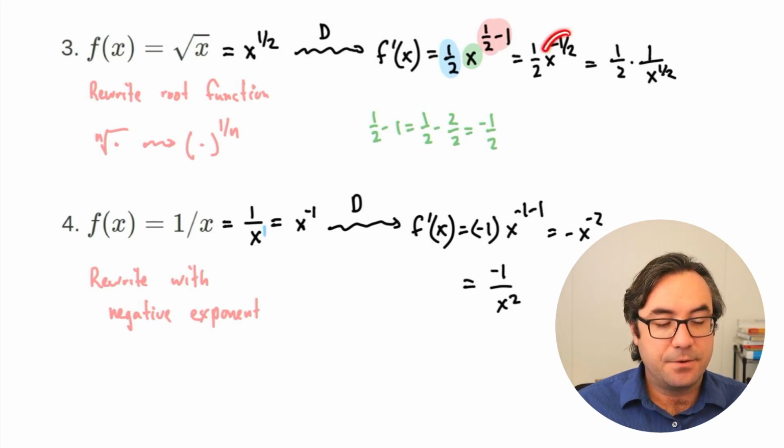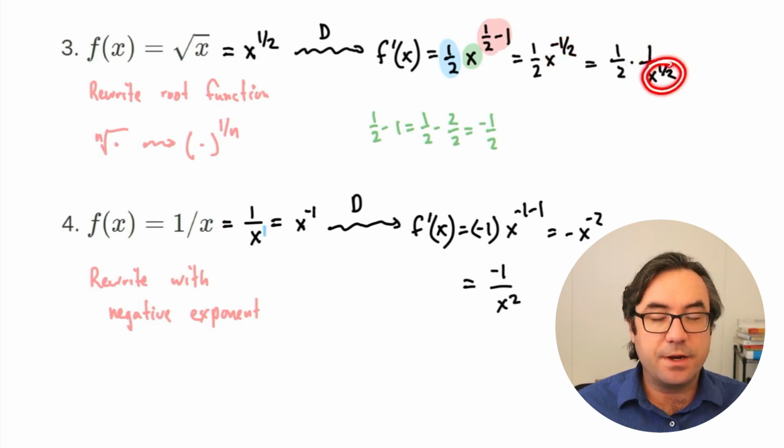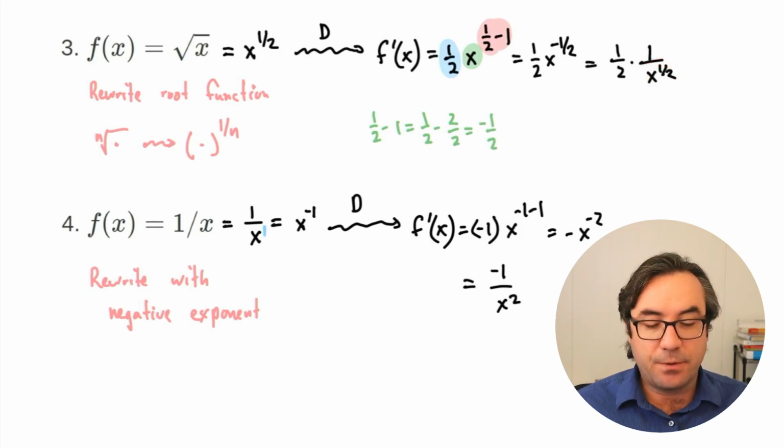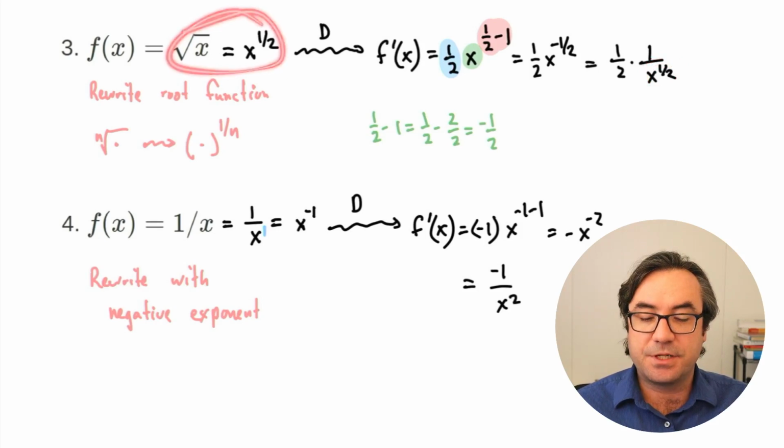So again, we're taking this power function and we get rid of the negative in the exponent by just doing the reciprocal. So we take the x raised to the 1/2 and we just do the reciprocal, and that gets rid of the negative in our exponent. And then we could get rid of this x raised to the 1/2 by just rewriting it just like we did in our first step here.